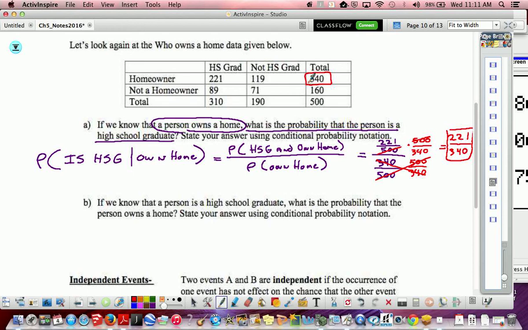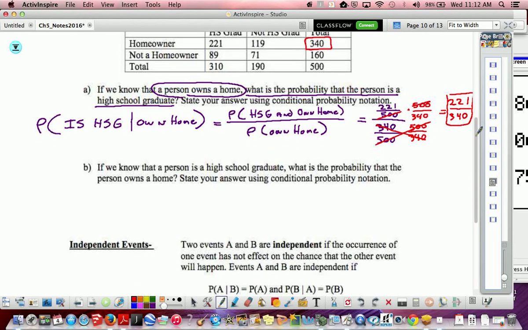So, if you're given a two-way table and asked to do some conditional probabilities, you should at least be able to write this in its formula. And if you can tell me the answer directly from a two-way table, I am okay with that. But there are times, as you'll see later, either today or tomorrow, where the formula is going to be very helpful. So, I'm going to show you both ways on the second one here, and have you help me out a little bit.